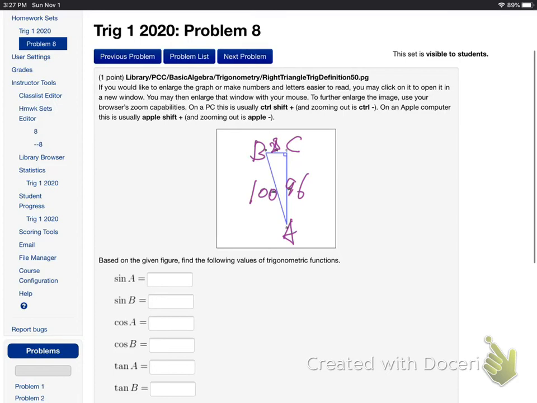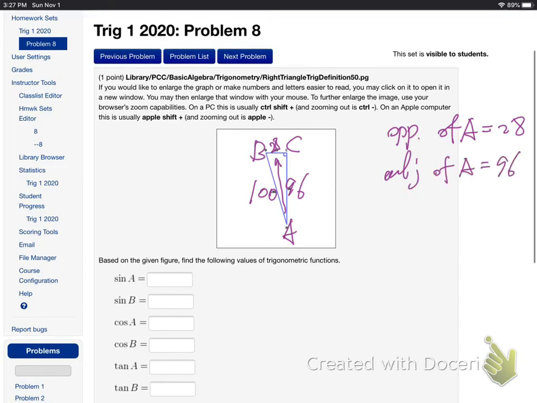So now let's look at angle A. What's the opposite side of A? This is 28. And then adjacent side of A is 96.